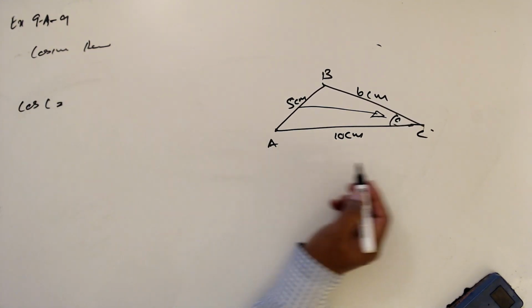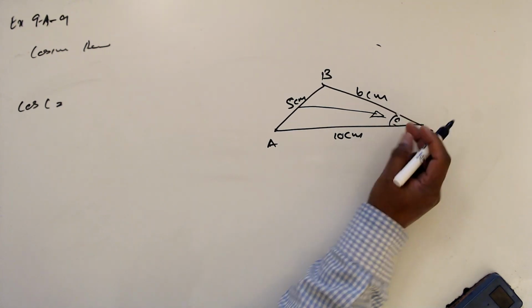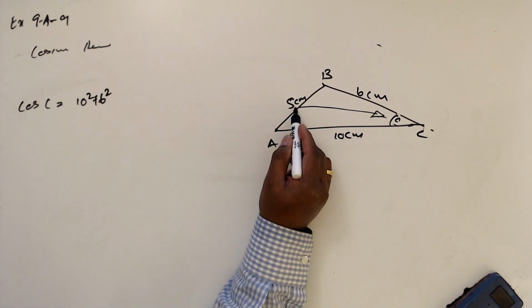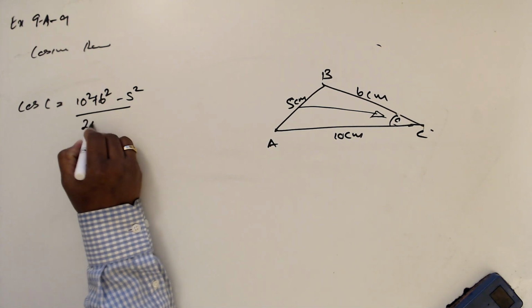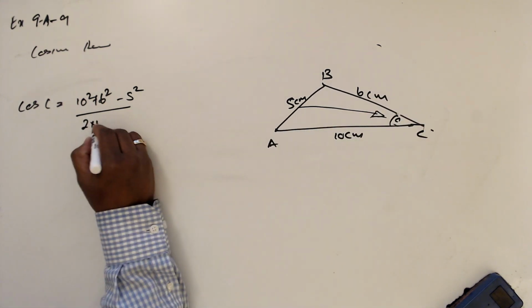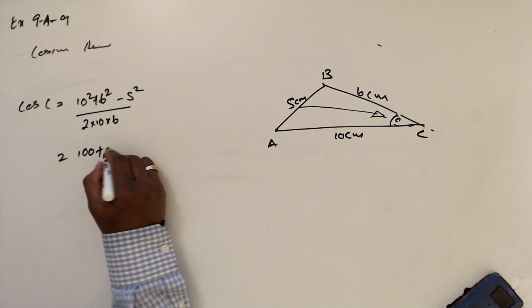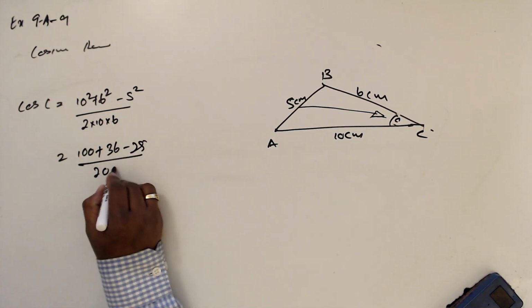Cos C equals the two adjacent squares, 10 square plus 6 square, minus the front square, divided by 2 times the 2 adjacent, 10 times 6: 100 plus 36 minus 25 over 20 times 6.